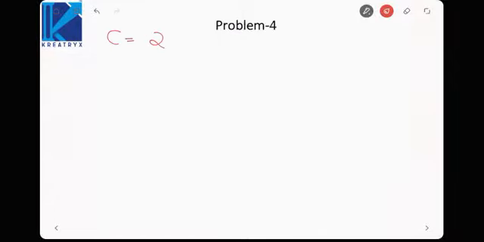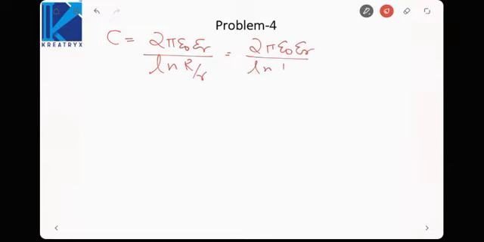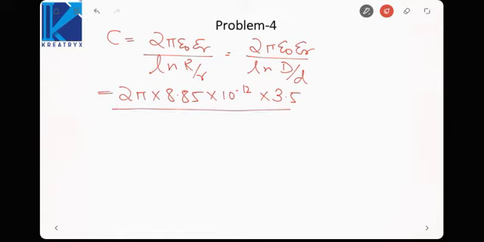Now capacitance is 2 pi epsilon naught epsilon r by ln r by r, or we can say 2 pi epsilon naught epsilon r by ln D by d. So 2 pi into 8.85 into 10 raised to power minus 12 into epsilon r is 3.5, by ln outer diameter is 3, inner is 1.5.